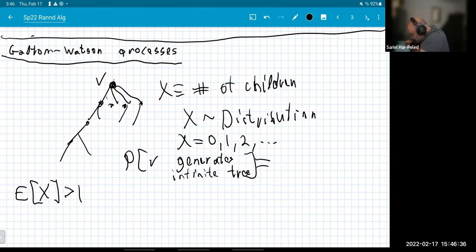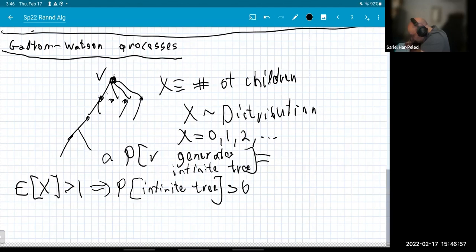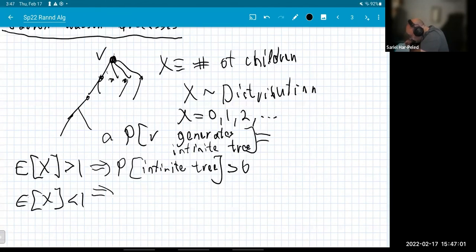If the expectation is larger than 1, then this probability, let's call it the probability of an infinite tree, is strictly larger than 0. If the expectation is smaller than 1, then this probability is 0.